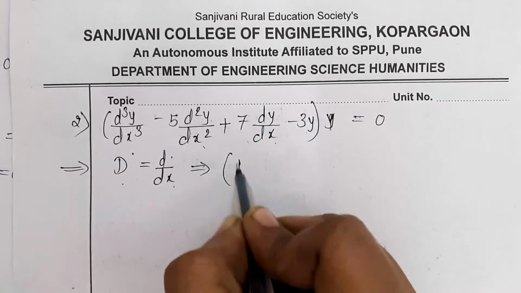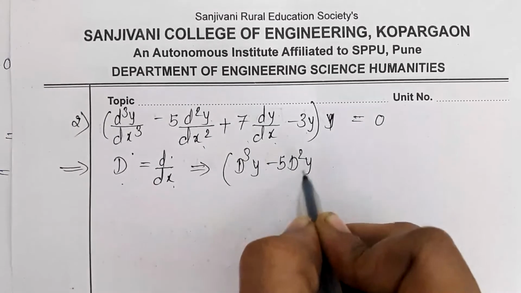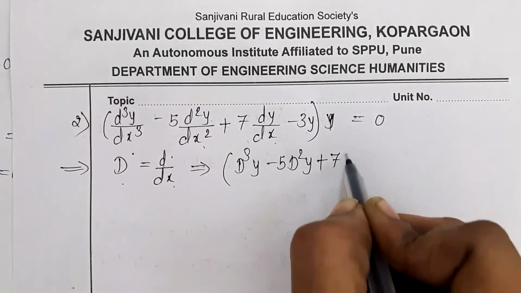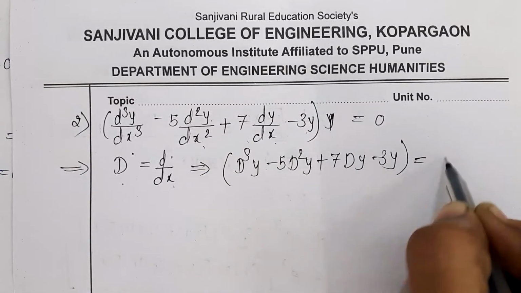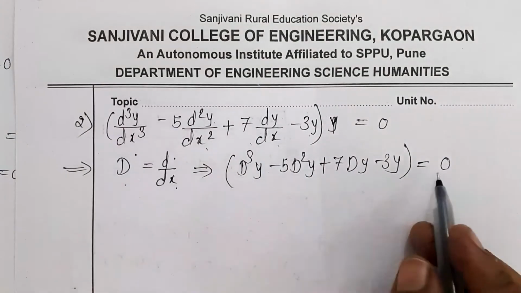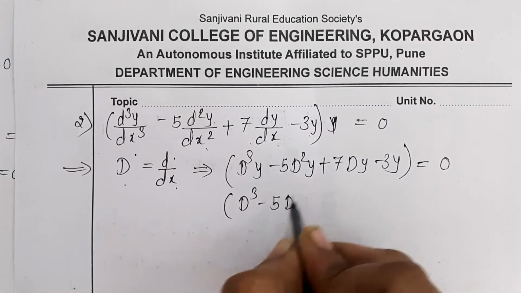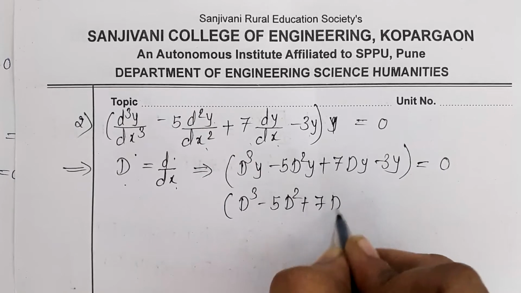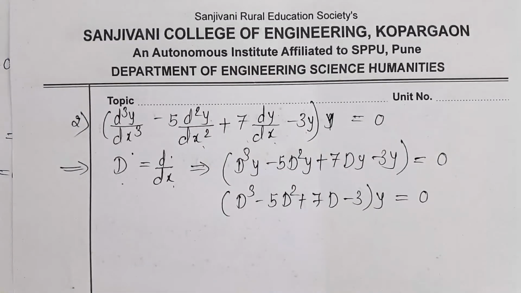So this is D cube y minus 5 D square y plus 7 Dy minus 3y is equal to 0. Now taking y common, it is D cube minus 5D square plus 7D minus 3 multiplied by y equal to 0.